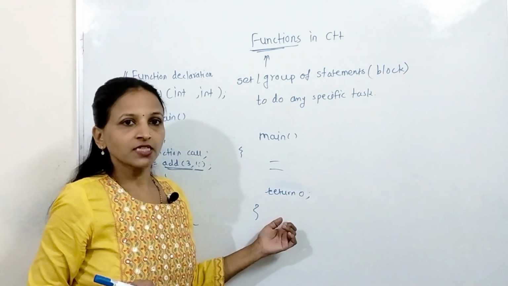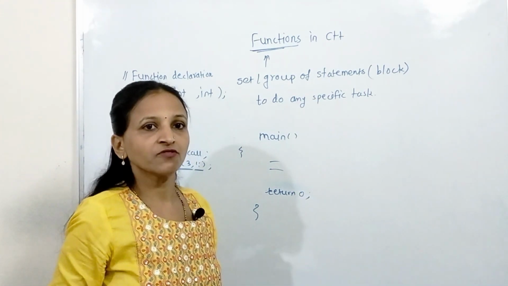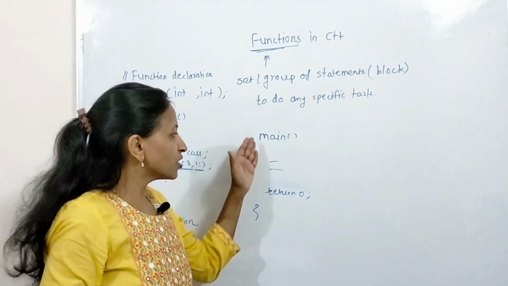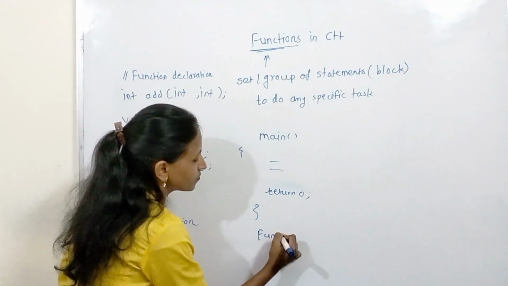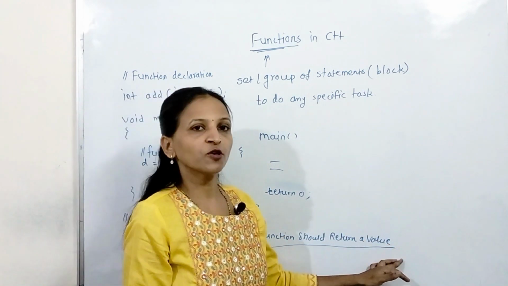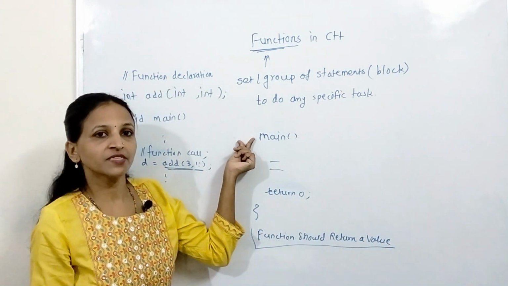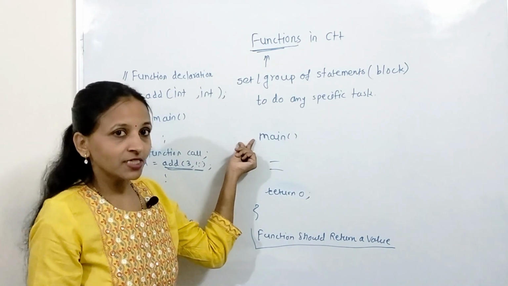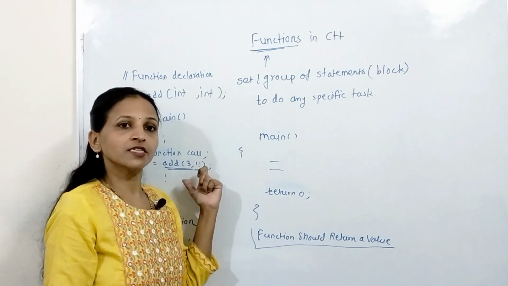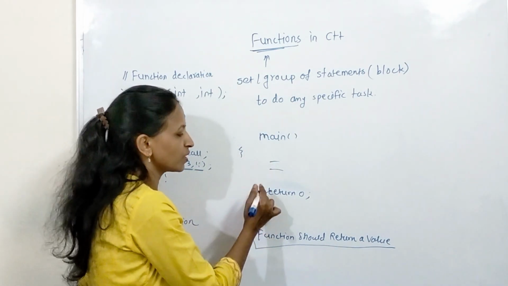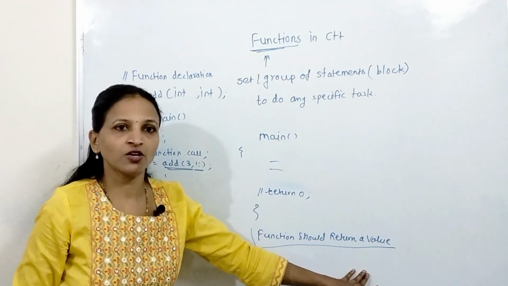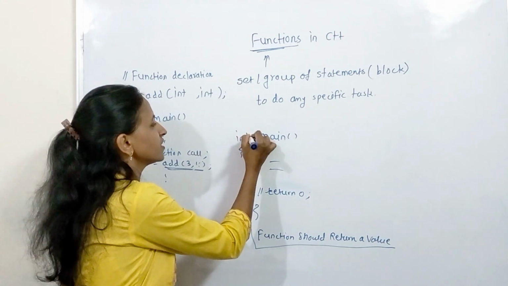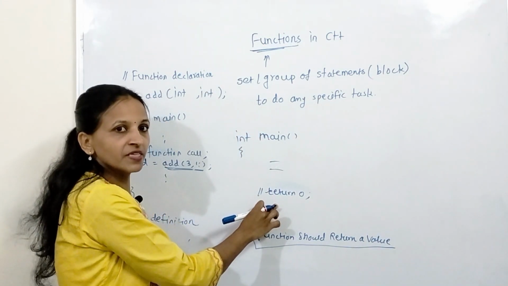If you are not writing that return 0 at the end, then some compilers will give you an error like "function should return a value", because here we are not mentioning anything, so by default it is considered as an integer, and this function should return an integer value. Even if you are writing int here, this is compulsory.